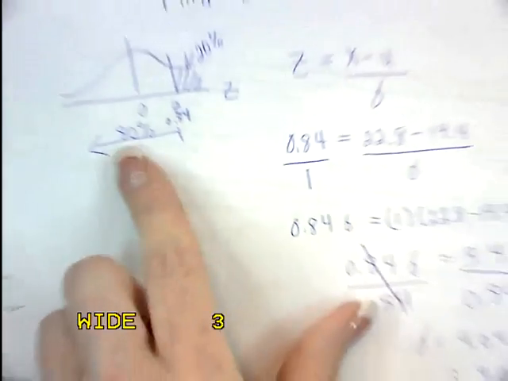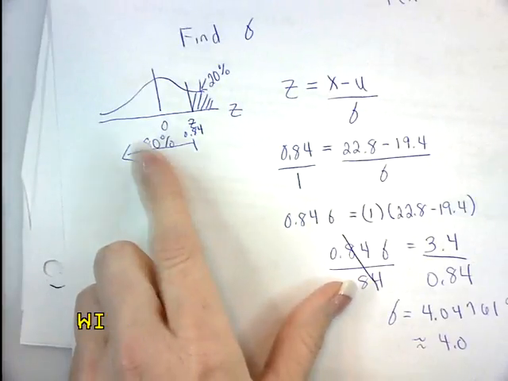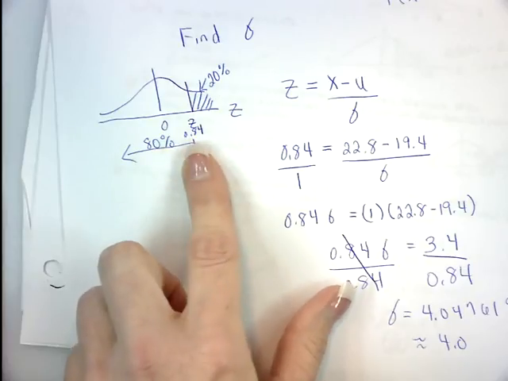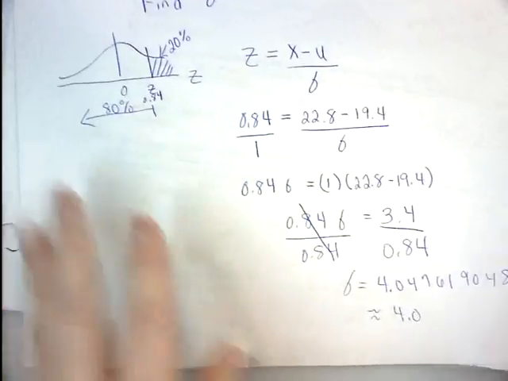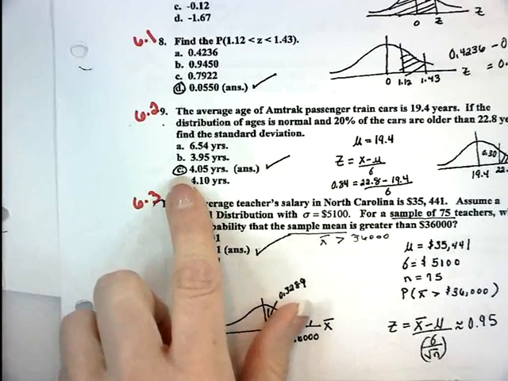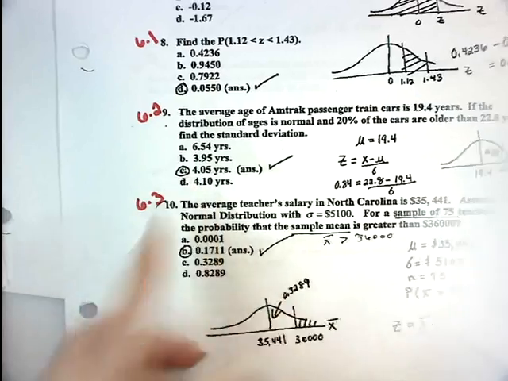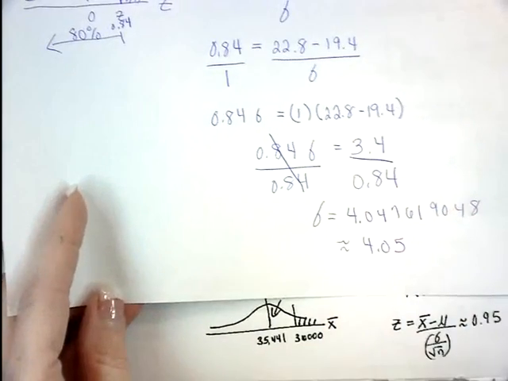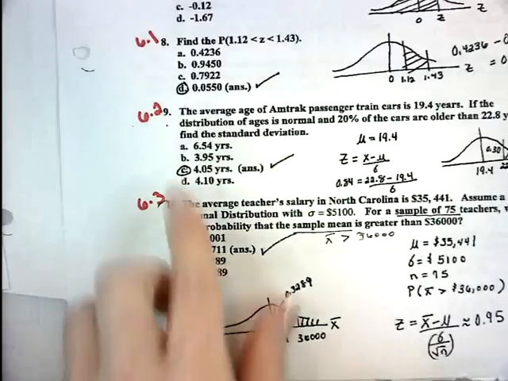But if you use the table, you have to look up 0.8 as an area there, 80% below it, to get the 0.84 z-score. So the answer to this question is letter C. Looks like they rounded to two places, so 4.05 here. So letter C.